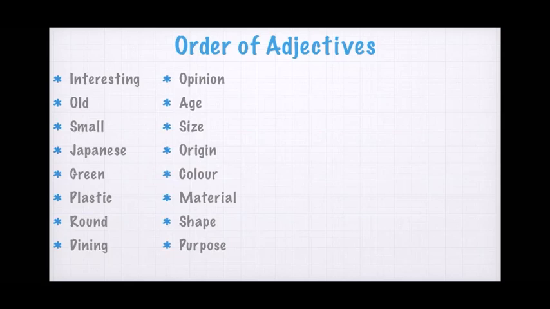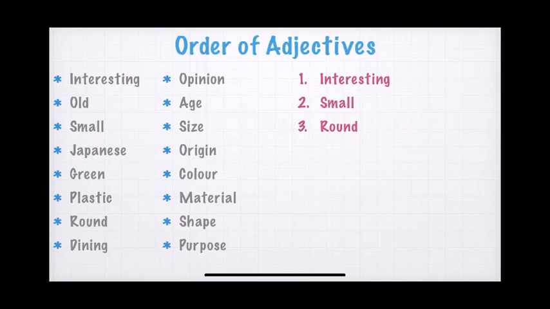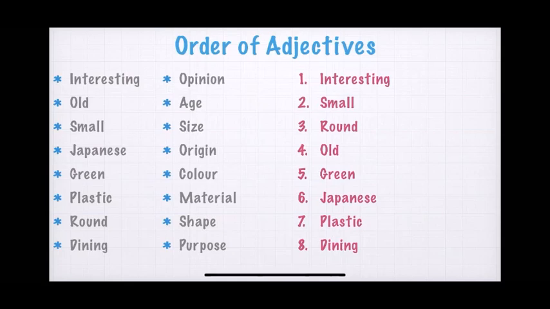The first is opinion. So which of these are opinions? Interesting is an opinion. So interesting will be the first adjective that we use, followed by small, which is size, round, old, green, Japanese, plastic, dining. So when we have a number of adjectives, we use these criteria to determine which adjective will come first.